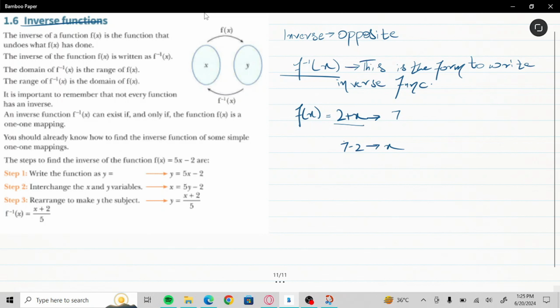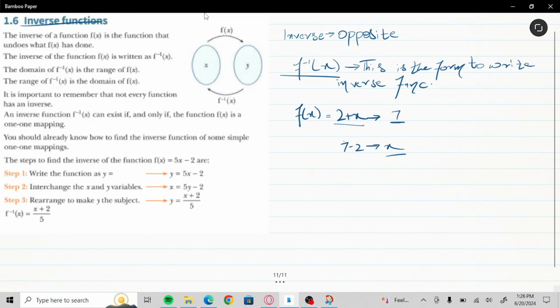That's what an inverse function does. It reverses what a function has already done. In this example, 2 is added to the x value, which gives out 7 as the answer. Then when we subtract 2 from 7, we get the value of x. So it's reversing what the function has already done.